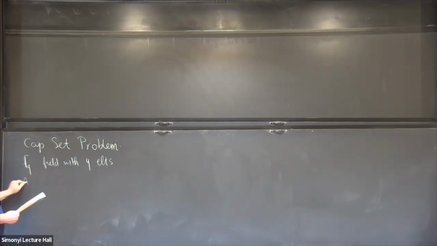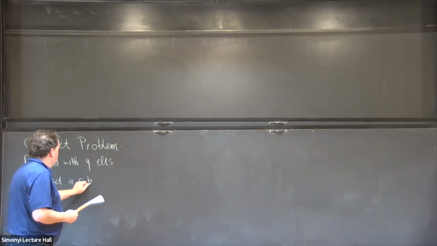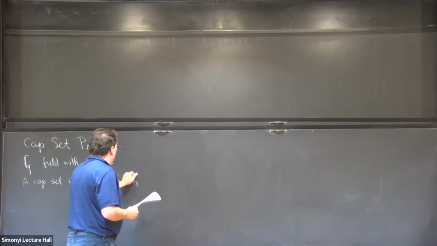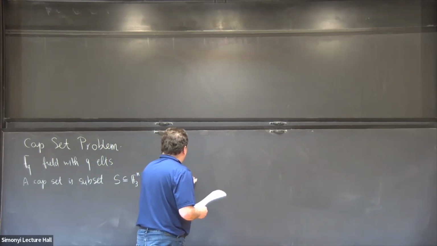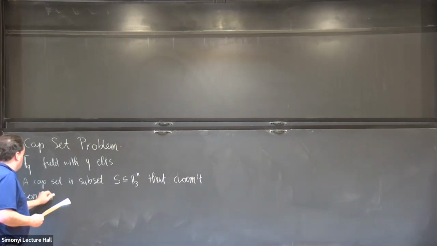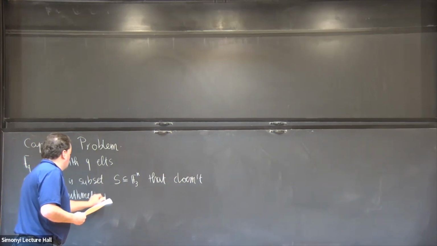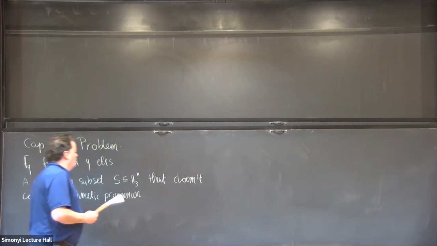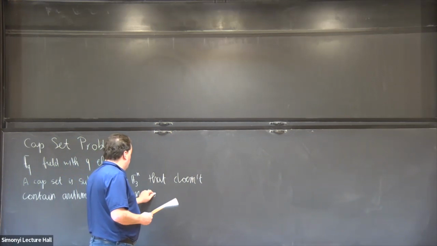And the cap set is a subset S of F_3 to the power n that doesn't contain an arithmetic progression, or in this case, what is actually equivalent, an affine line.